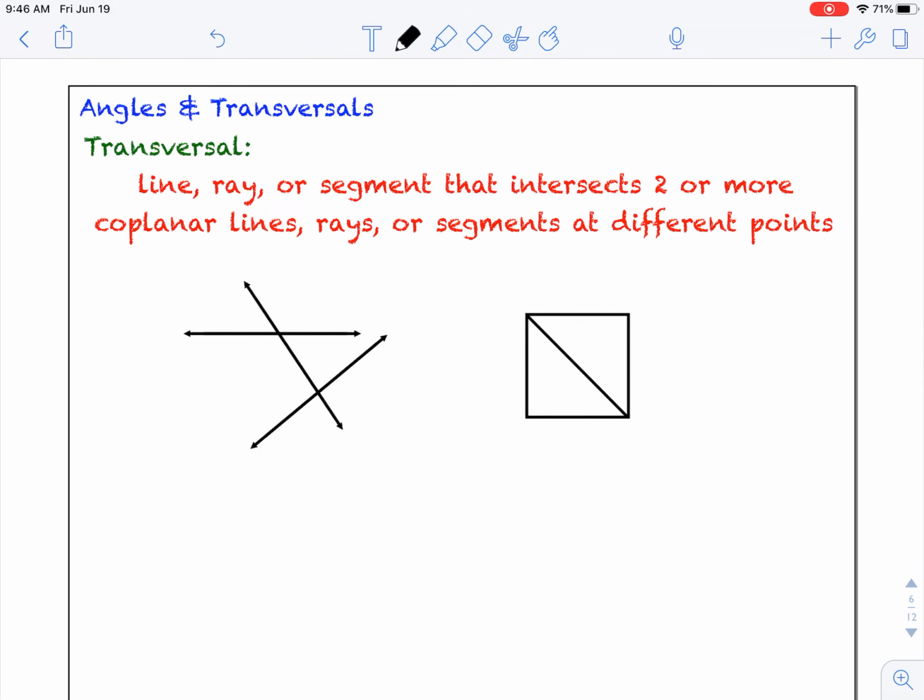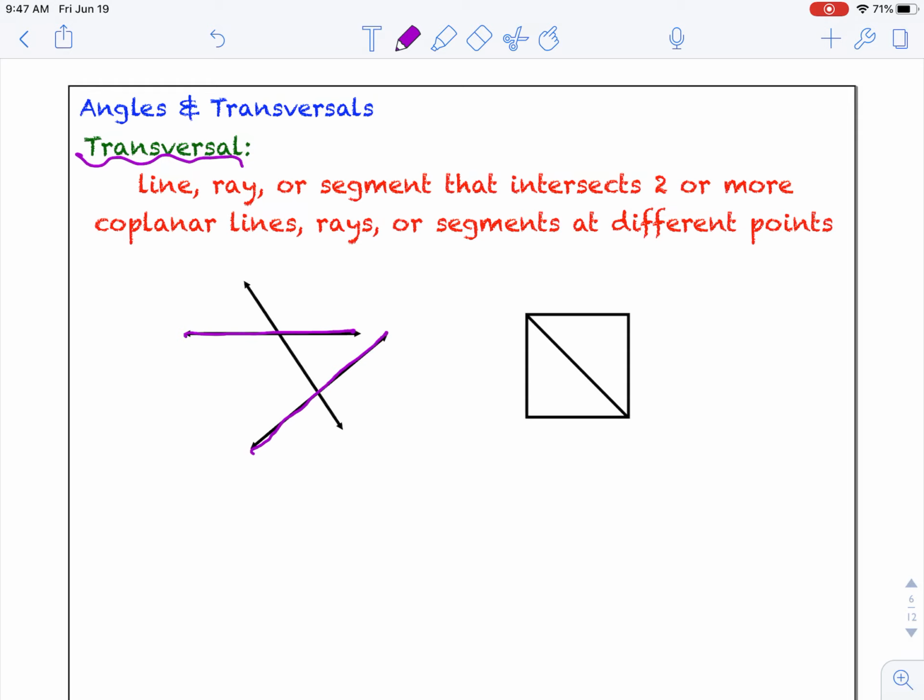All right. So now let's talk about transversals. What is a transversal? This is probably something that maybe you have not encountered before, but a transversal is any line, ray, or segment that intersects two or more coplanar lines, rays, or segments at different points.